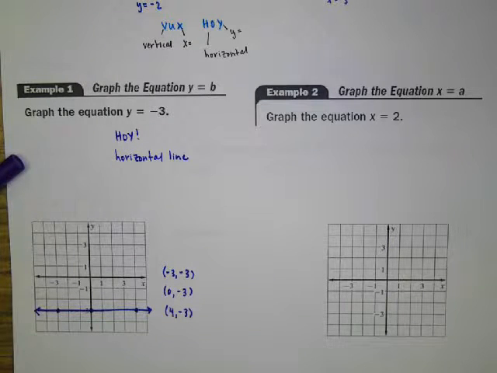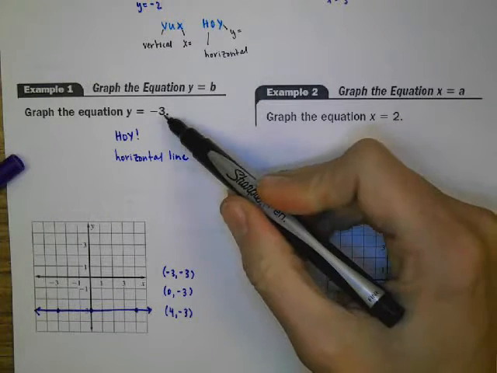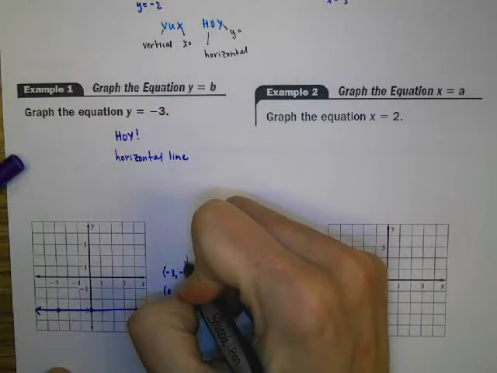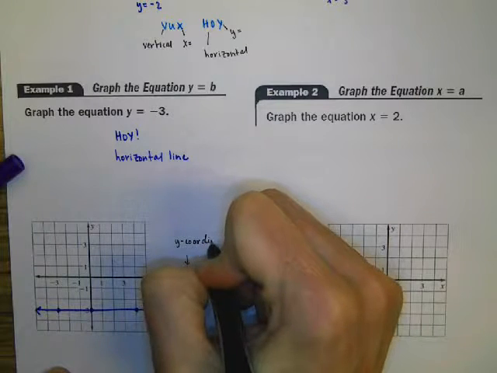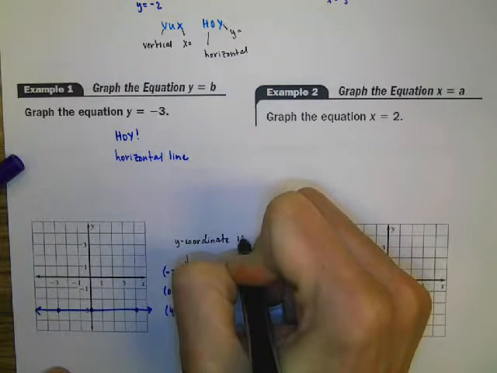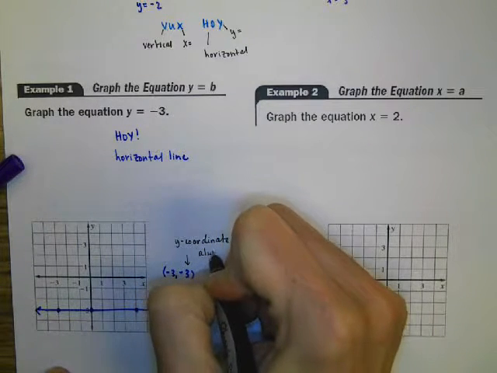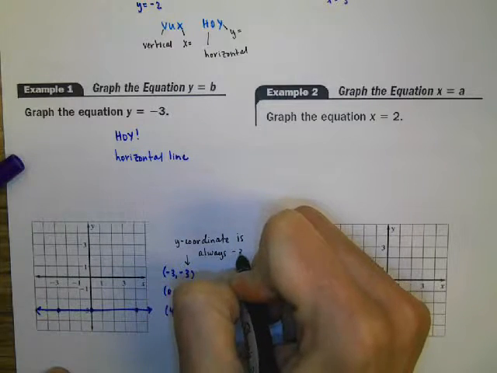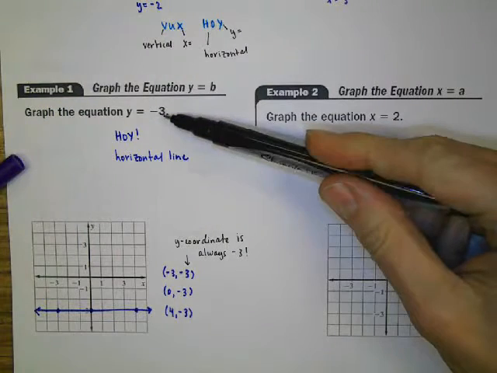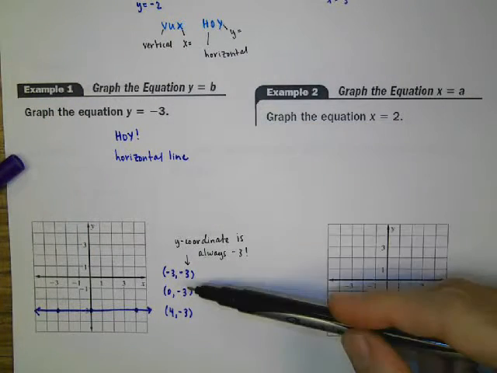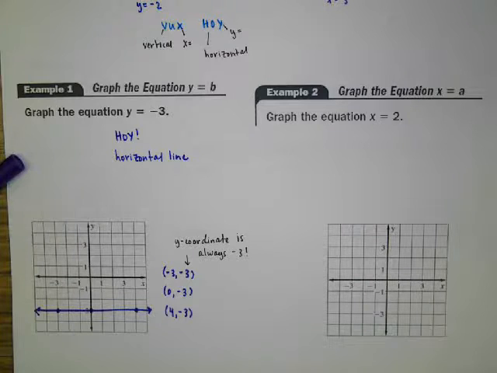What I want you to notice is that if I have my equation y equals -3, the y-coordinate is always -3. You can think of this as a rule, and what that's saying is, hey, my y-coordinate always has to be -3.